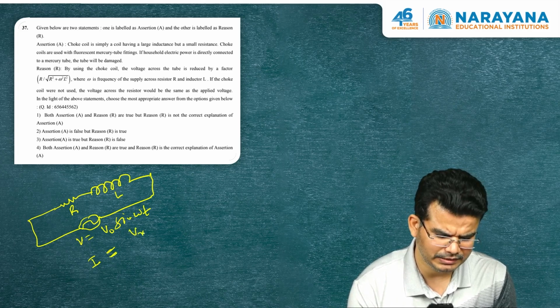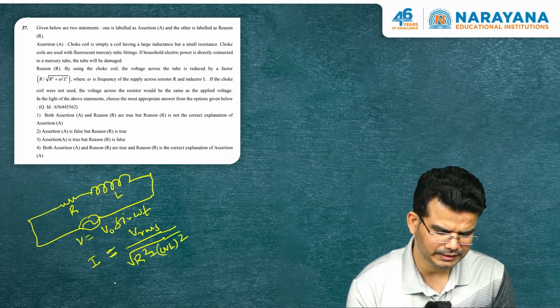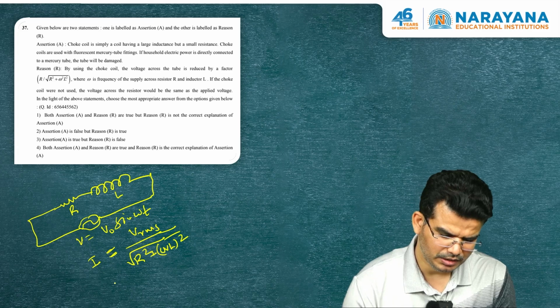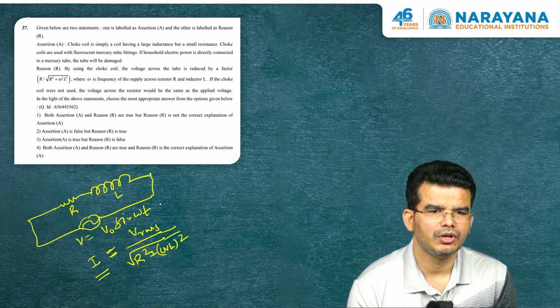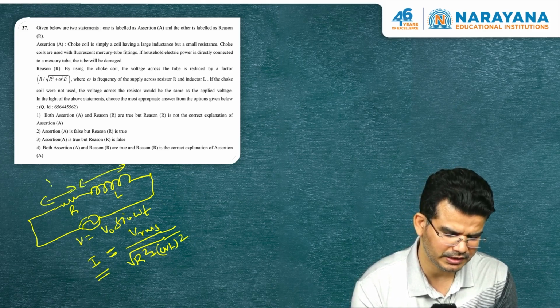So, I is V RMS upon Z. Z will be how much? Root over R square plus omega L whole square. This is the reactance. Because of this, if this is I, what is the voltage drop across this mercury? Let us say the resistor is mercury, VR.